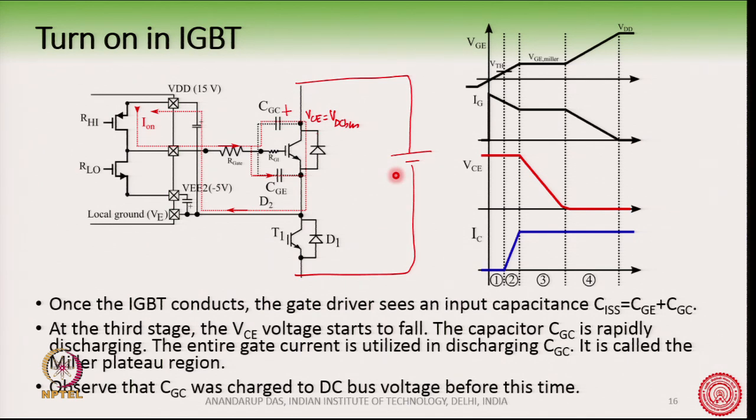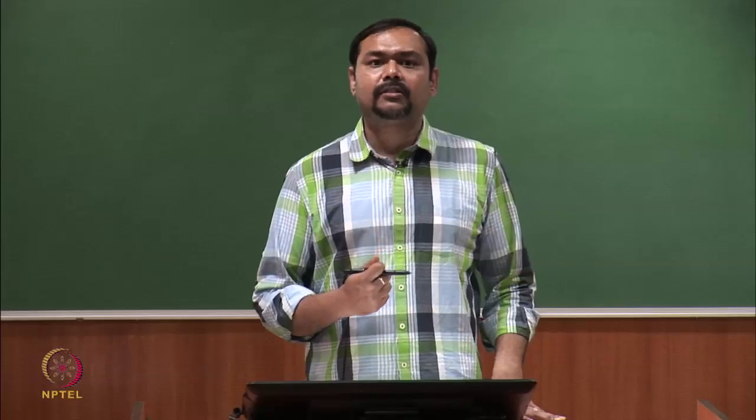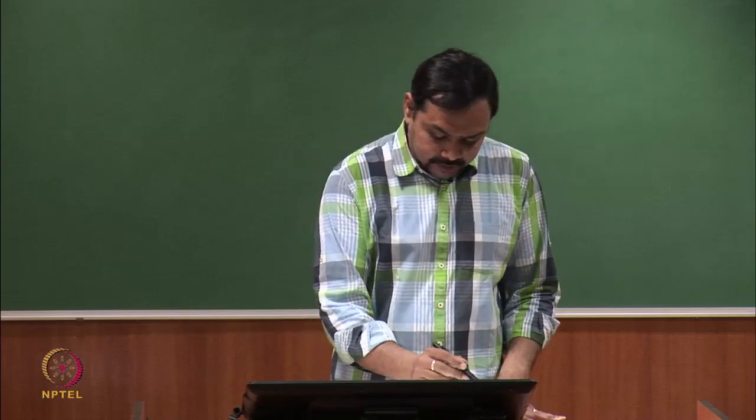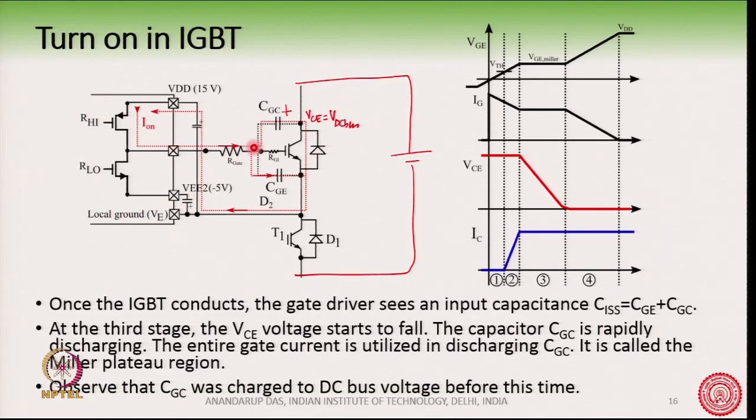This region you can see here is called the Miller-Plateau region. In this region, this capacitor is discharging tremendously, and a huge amount of charge is needed from the gate driver to discharge this capacitor in the Miller-Plateau region.